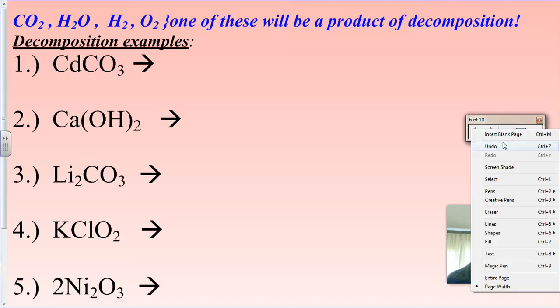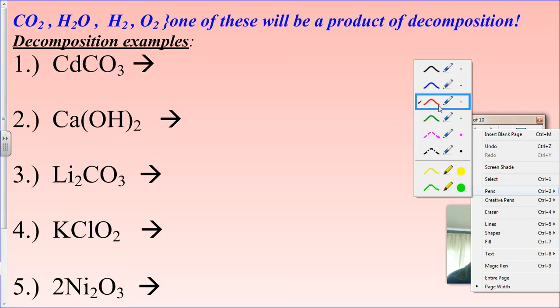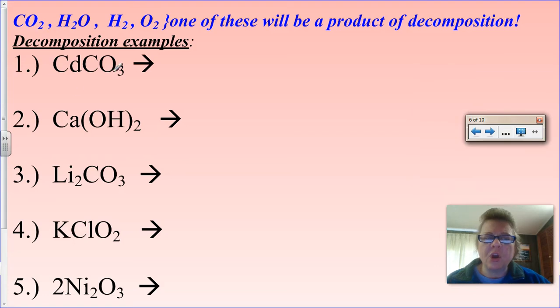So if you take a look at our first example here, we have cadmium carbonate. Now, I have oxygen present, but I also have carbon present. So I want to pull out all of the carbon dioxide molecules that I can possibly form. Now, since I only have one carbon and three oxygens, I can only pull out one carbon dioxide. So what remains?